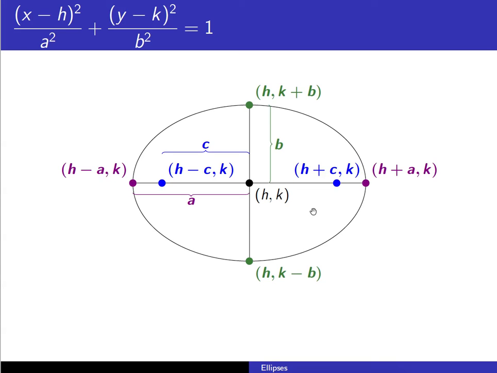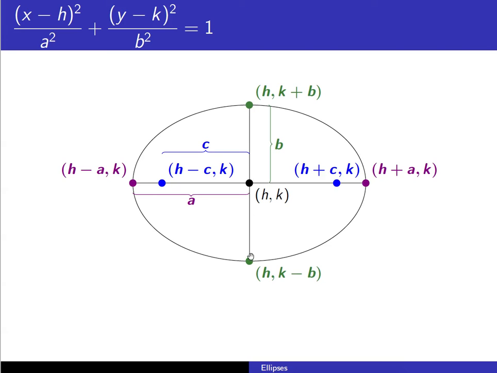Visualization and graphing is going to be your best friend in this section, and the next as well. The focal points are c units away from the center. We're going to plot these and count left and right, up and down. Each of your covertices is b units away from the center.